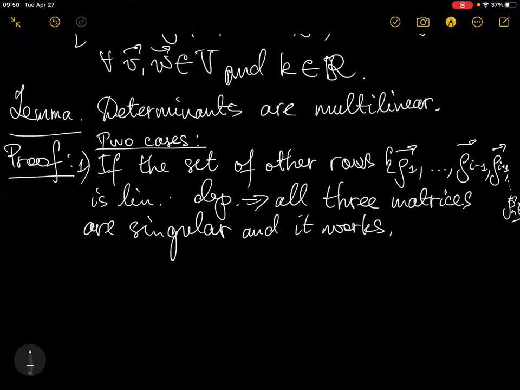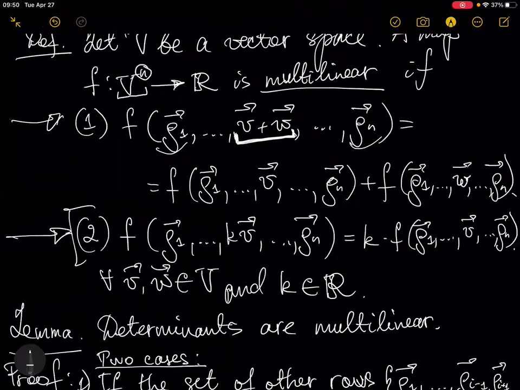So what particularly works? This thing. If we have linearly dependent rows, so this is the ith element, and this is the ith element.